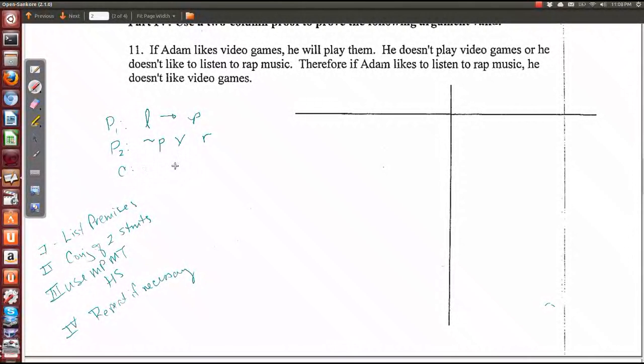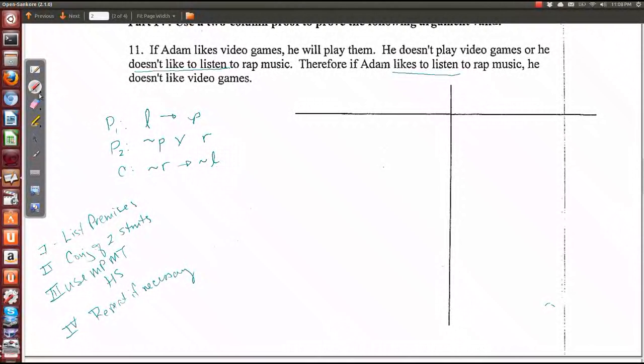And my conclusion is if Adam likes to listen to rap music, and notice that liking to listen is the opposite of doesn't like to listen, so I end up with negation R. Then he doesn't like video games, so it's going to be conditional negation L.